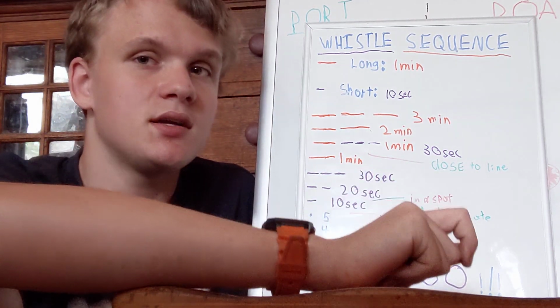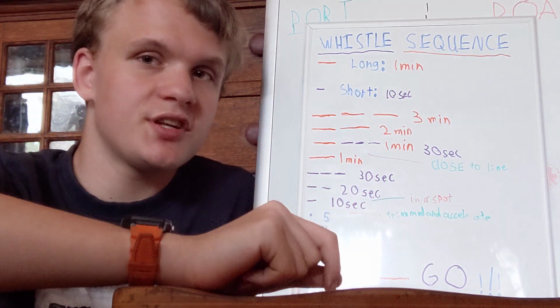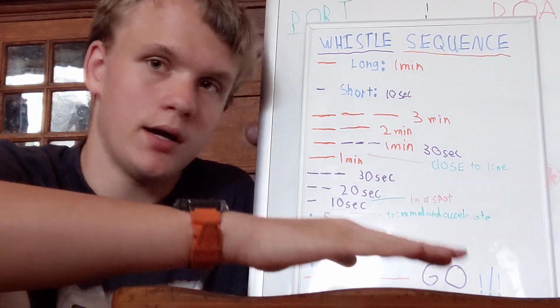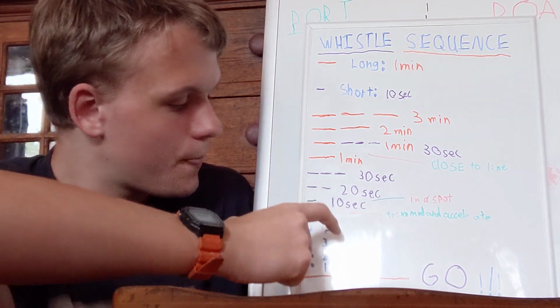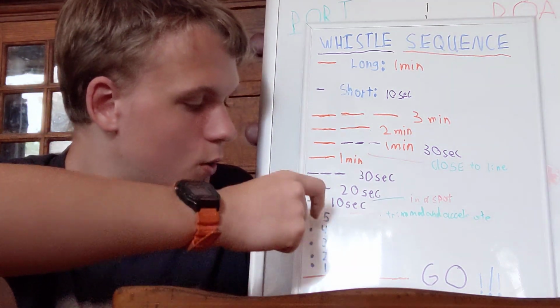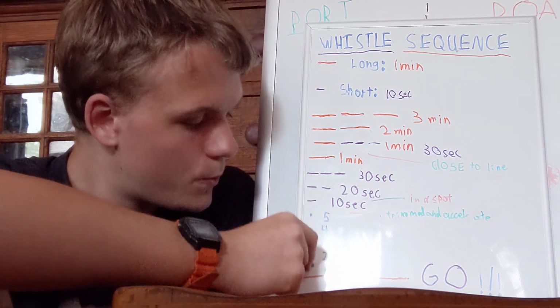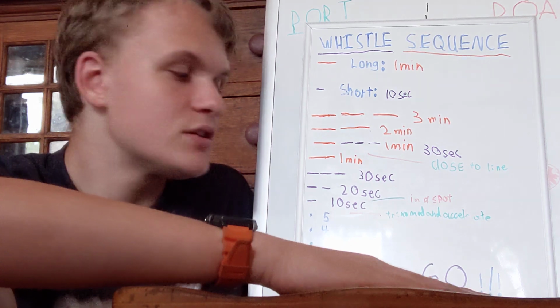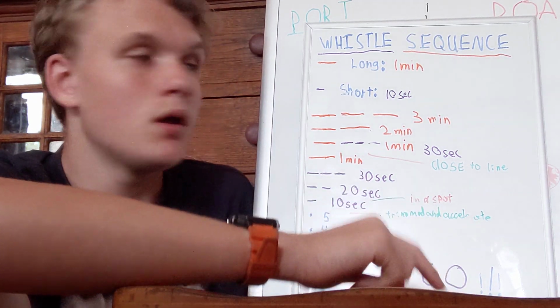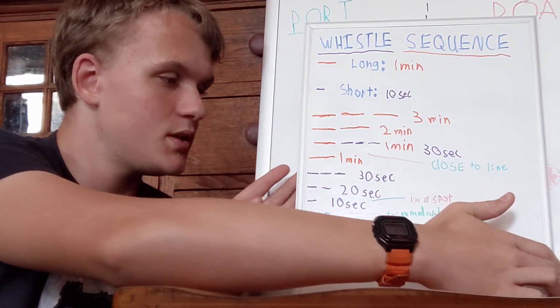That you haven't passed it yet and you're not significantly under it, but you're right on the line, ready to go. So then they'll do a countdown, 5, 4, 3, 2, 1. Long, loud whistle means go. And then you should start sailing your race.